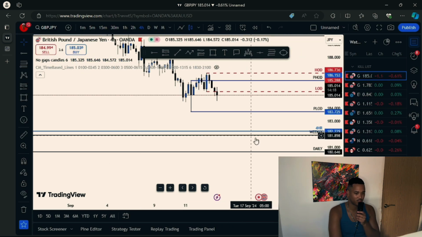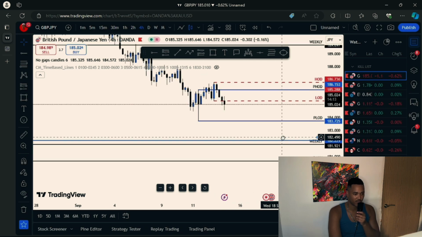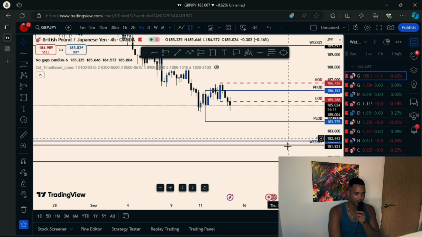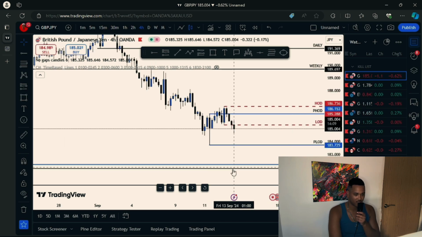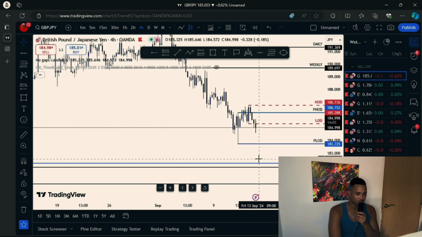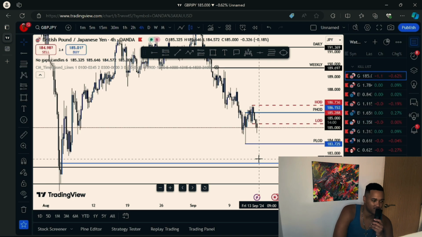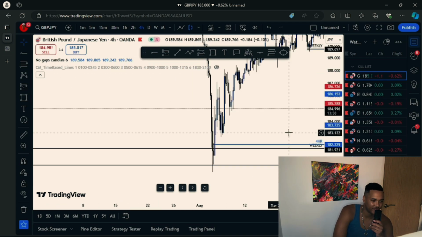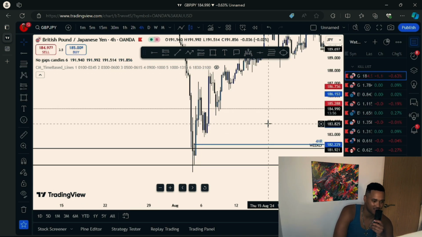And we're in confluence over here with the weekly and the 4 hour, and the daily just underneath that. Normally the daily is around here as well. So we got valid zones. As you can see, we got some valid areas.